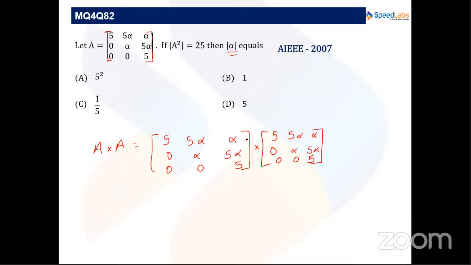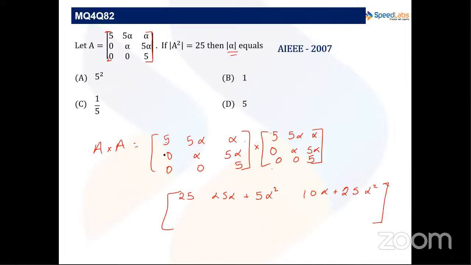So on multiplication, first row, first column, you will be getting 25. First row, second column, 25 alpha square. Okay, that will be 25 alpha plus 5 alpha square. And first row, third column, that will be 5 alpha plus 25 alpha square plus 5 alpha. So that will be 10 alpha plus 25 alpha square.